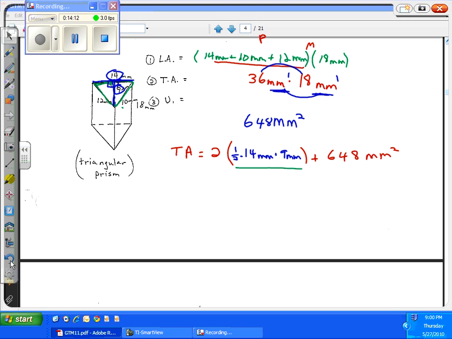To solve, we're going to do what's in the parenthesis first. Half of 14 is 7, times 9 is 63. Millimeter times millimeter is square millimeter, plus 648 square millimeter.